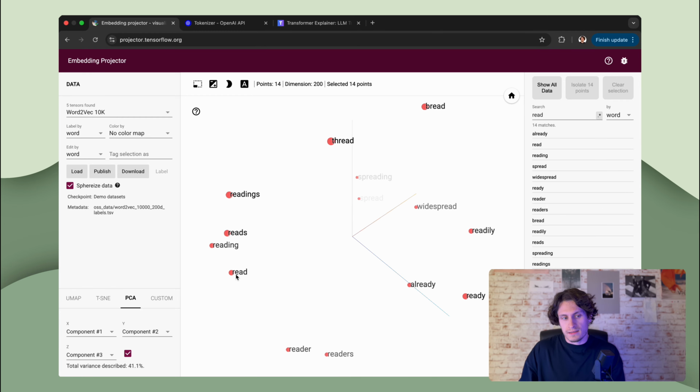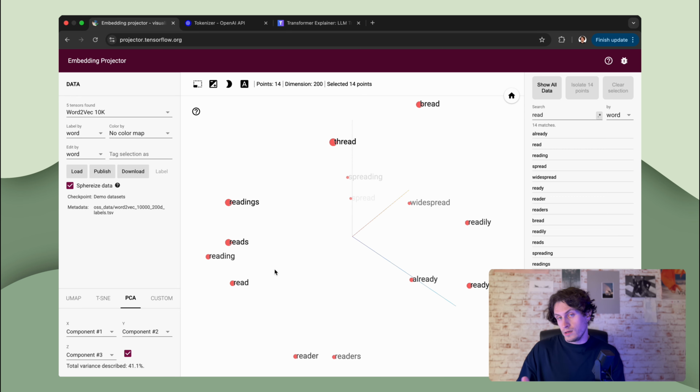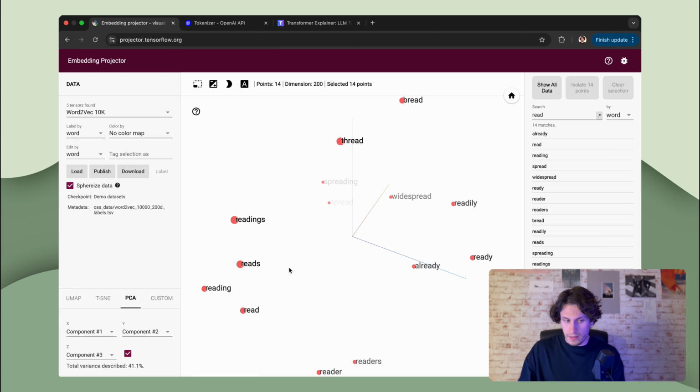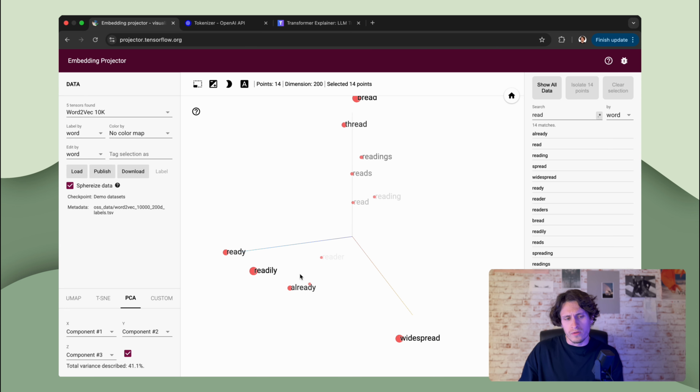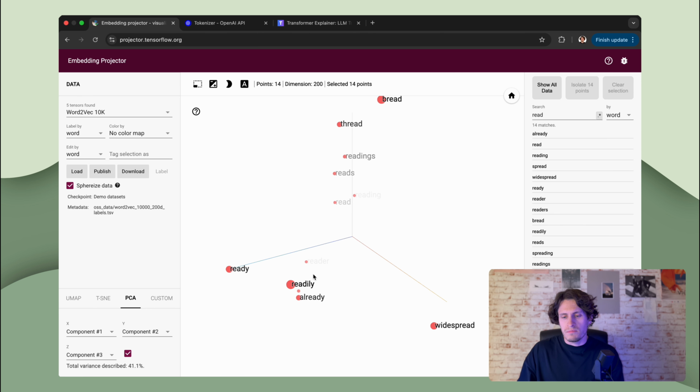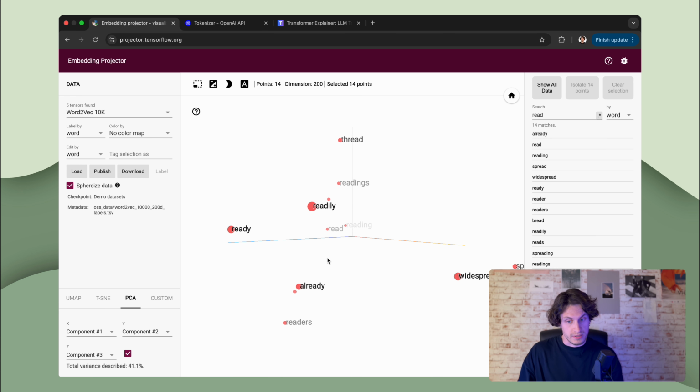So this actually does not mean that the model understands these words the way a human does. What it means is that it has learned useful mathematical relationships between them. And how does it learn those relationships? Over time, tokens that appear in similar contexts begin to develop more similar vector representations.